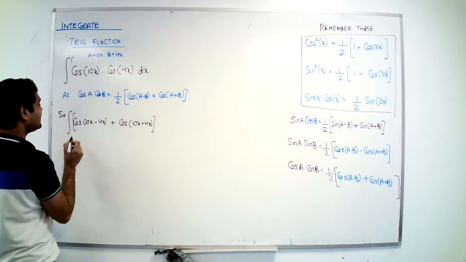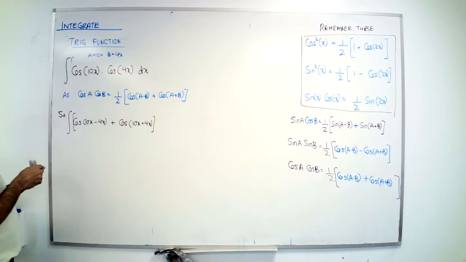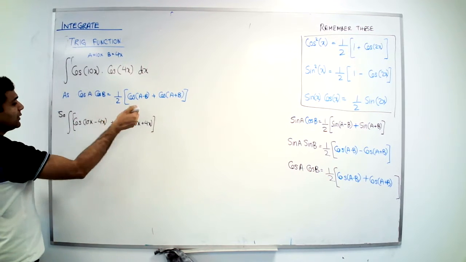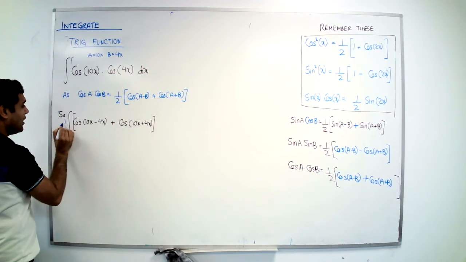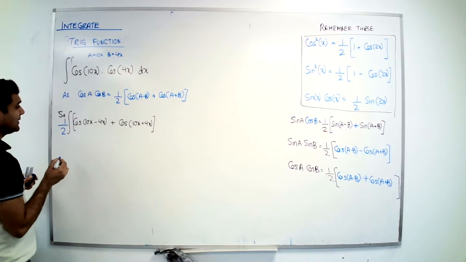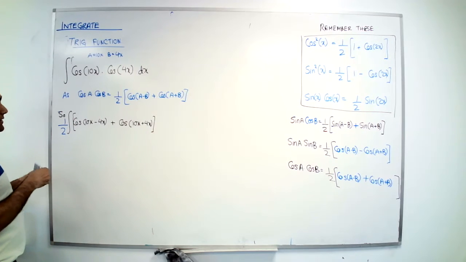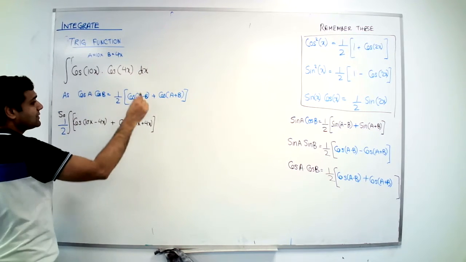Now, I missed this half. This half was there. So I'm going to put the half here, or I can put the half outside. And do not forget this dx.